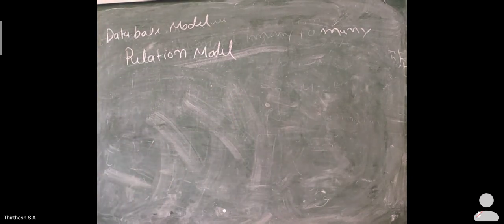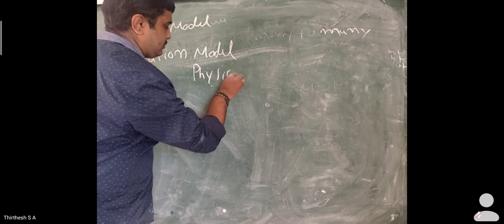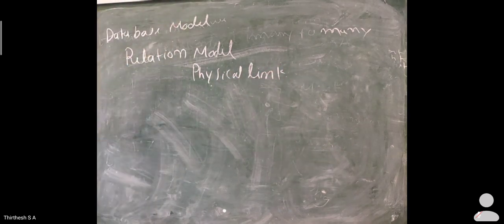So what is a relational model? A relational model was developed by E.F. Codd in 1970. In a relational model, there is no physical link. The relational model does not have any physical link.